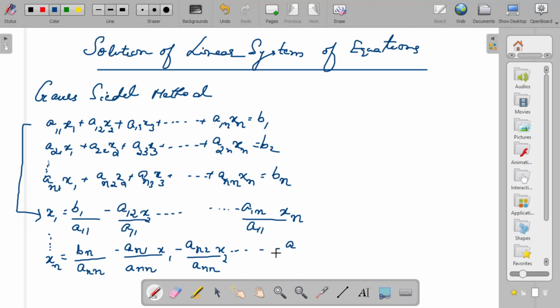So the last term will be minus an,n-1 divided by ann, then xn-1. Okay, so that is how I've written the expressions for x1 and xn.